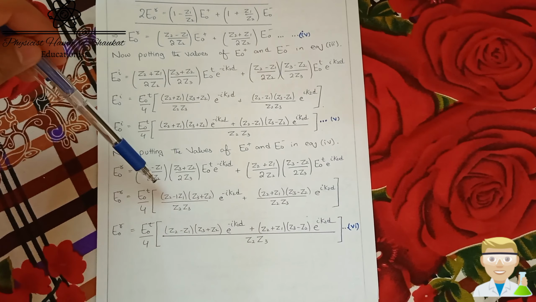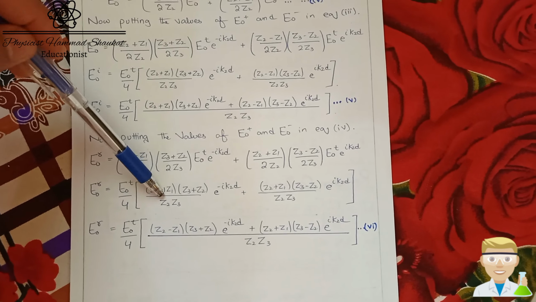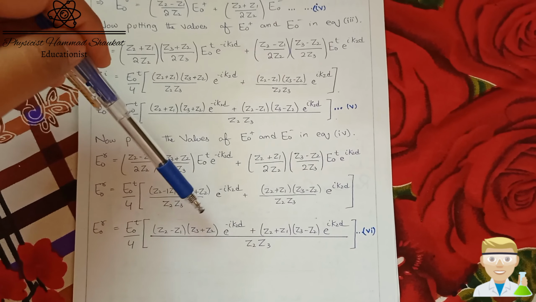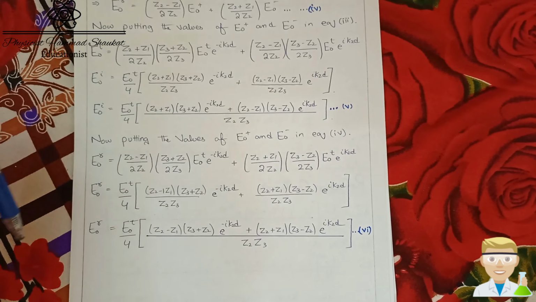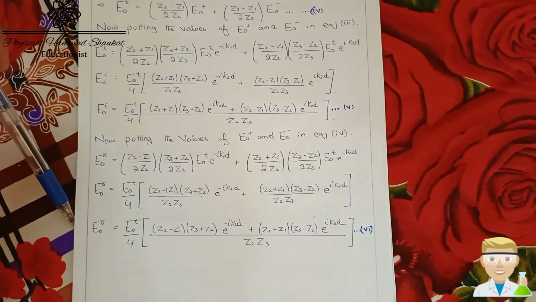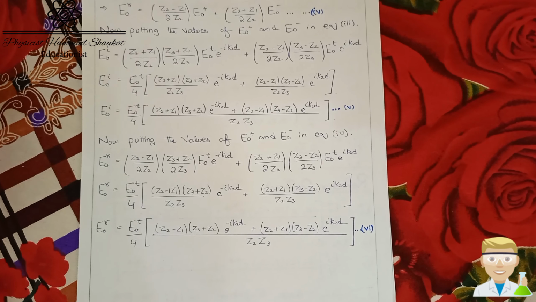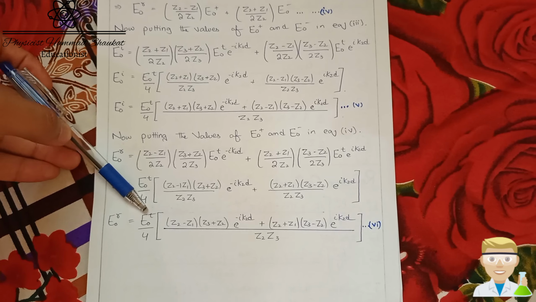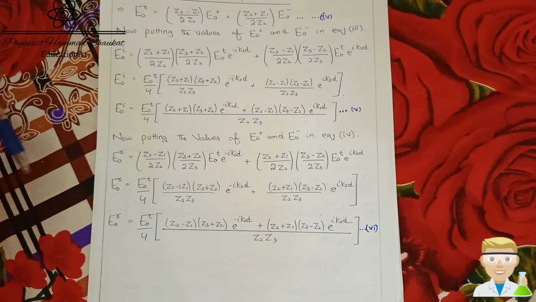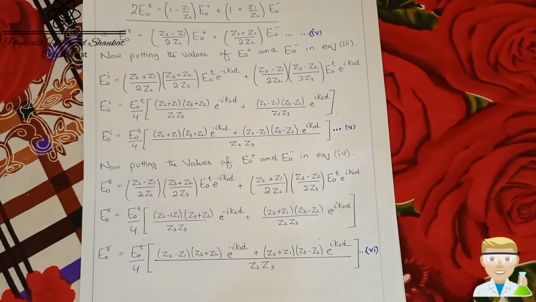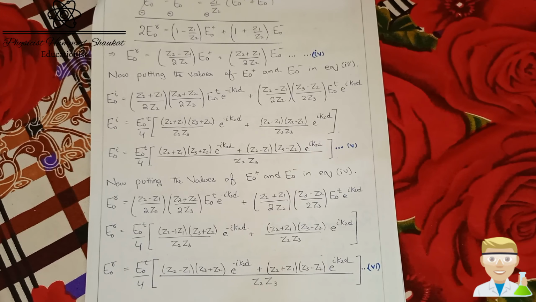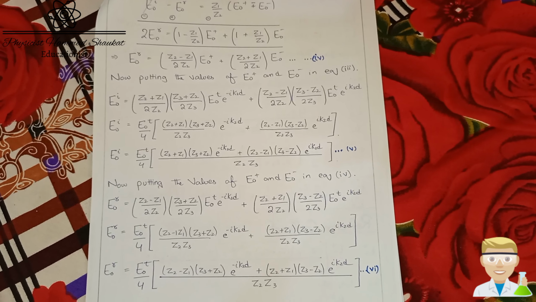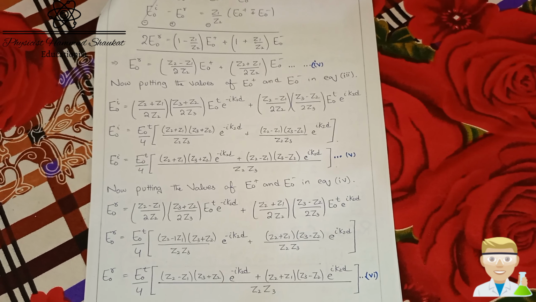What's next? You can see here in the denominator z2 z3 is common. You have to take LCM. After taking LCM, you can see this is your relation of the reflected electric field in terms of the transmitted electric field. Now what we are going to do next, our final part is focused only on finding the reflection and transmission coefficients.